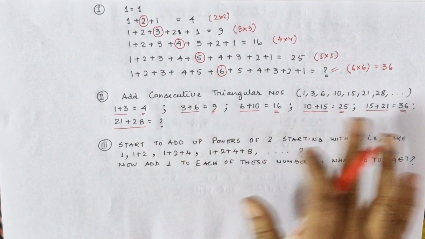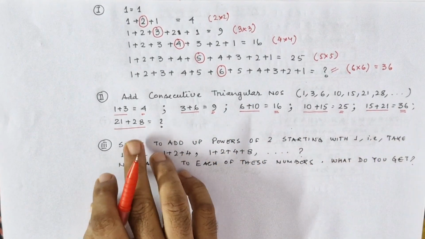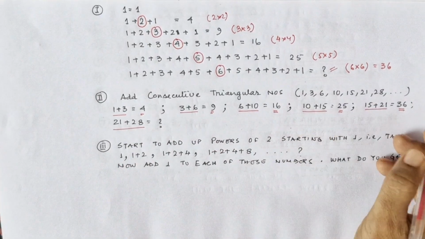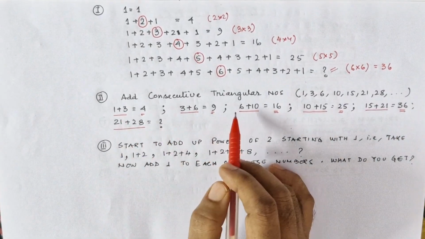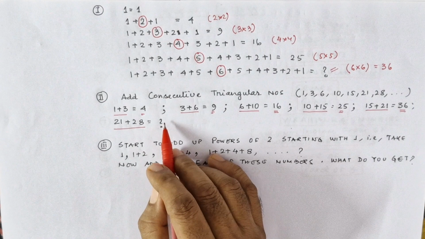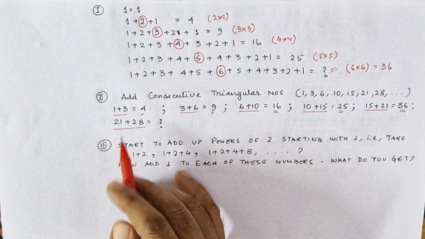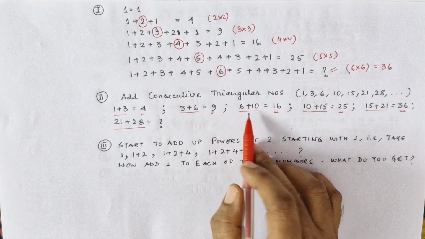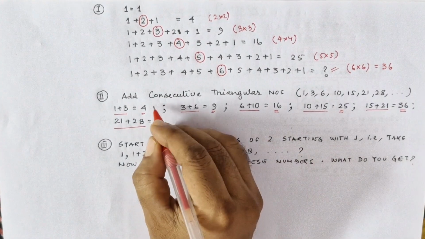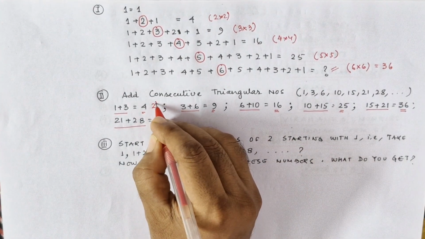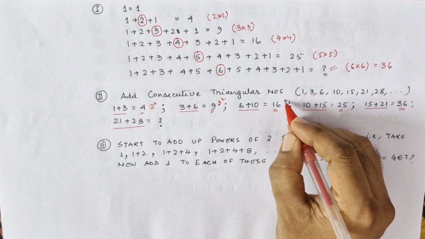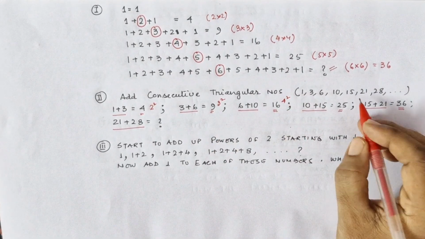Now see, try to understand the pattern. So this might look easy to you, but in bigger numbers in a series, you need to understand the pattern, which will help you to do the summation very easily. So 3 plus 1 is 4, 3 plus 6 is 9, right? 9 plus 10 is 16. So what is happening? So this is 2 square, this is 3 square, this is 4 square.